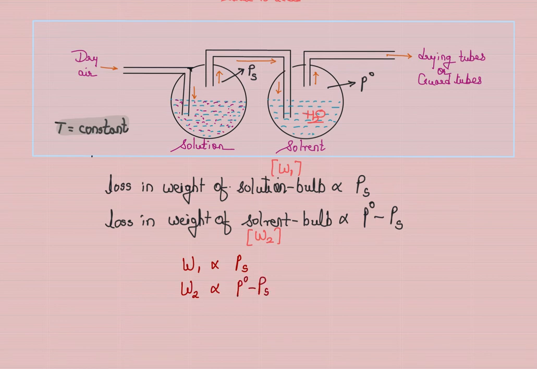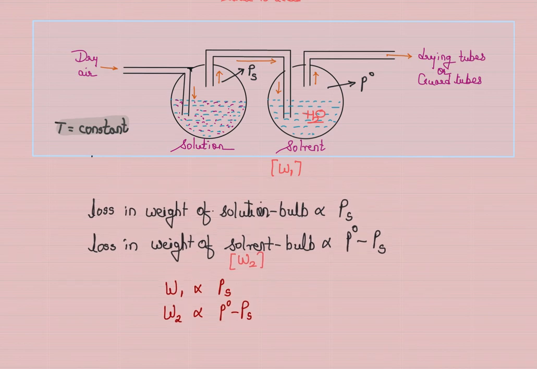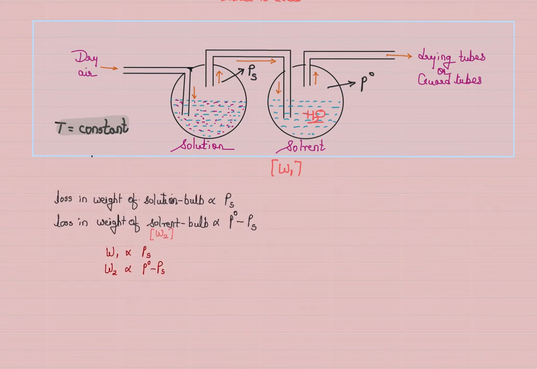Now, if you understand what is relative lowering of vapor pressure, it is very clear that relative lowering of vapor pressure is given by PO minus PS upon PO. This is what we get. This is relative lowering of vapor pressure.